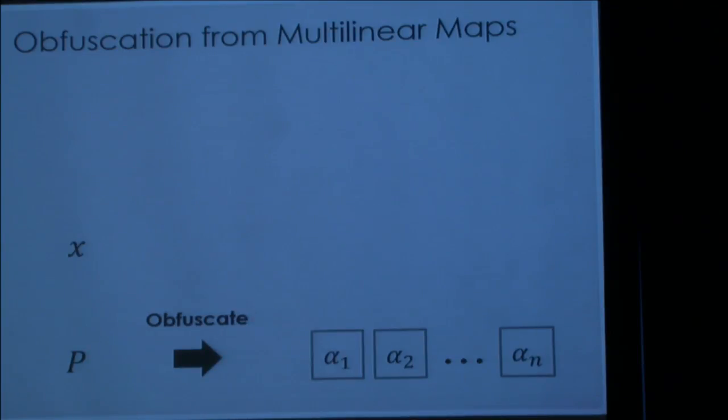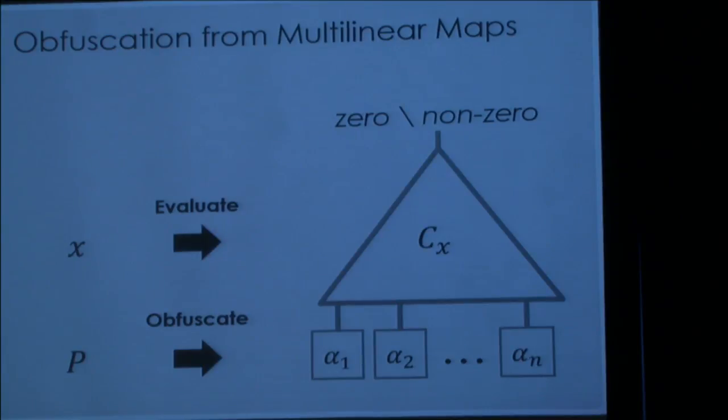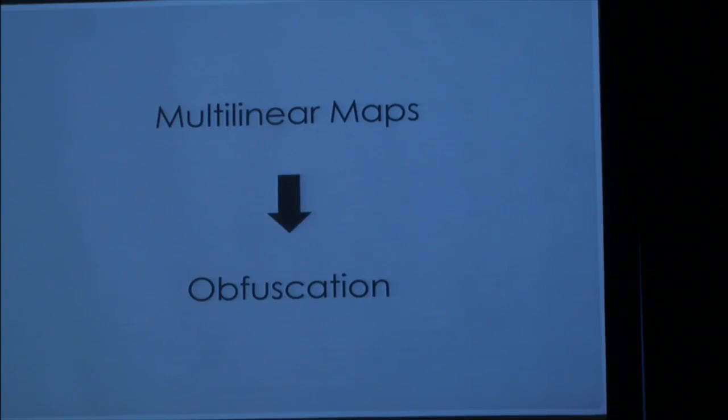To evaluate this program on some input x, you homomorphically evaluate over these encodings some multilinear arithmetic circuit that depends on x. If the circuit vanishes, you say that the program outputs 1. Otherwise, the program outputs 0. You can naturally extend this to programs that have more than one input bit.